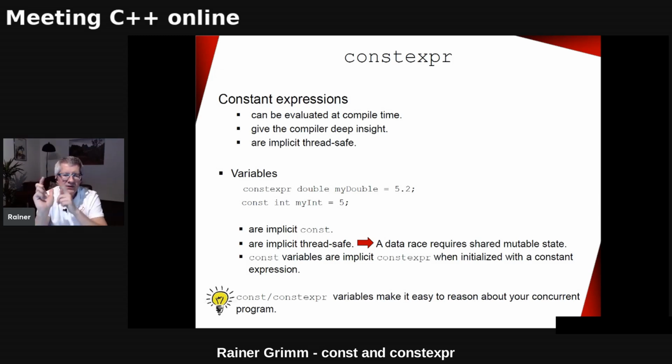Because if one of these conditions is fulfilled, I know there cannot be any data race issue. But when your program only consists of shared state which is mutable, you cannot reason about your concurrent program. This is way, way, way too heavy for our limited minds. You know what I mean?